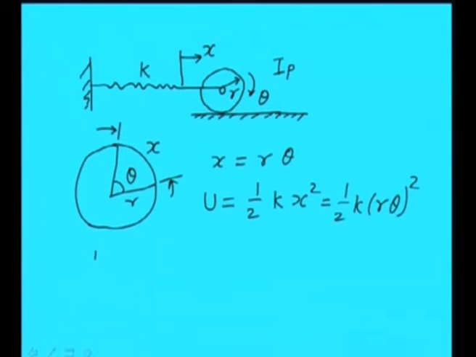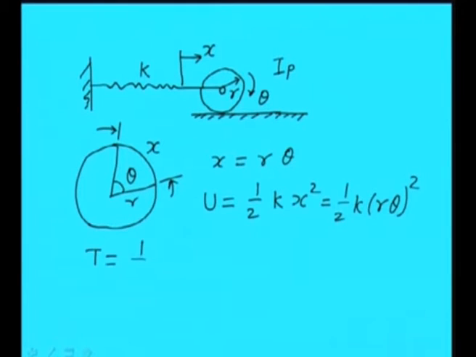Now the kinetic energy of the system will be in two forms. One is because this cylinder is rotating, so it will be having kinetic energy because of its rotation. Also, because it is going in this direction, the x direction, it will be having linear motion, and because of that also it will be having kinetic energy.